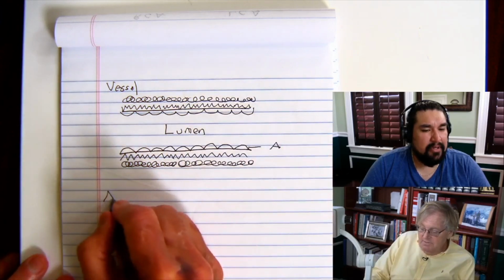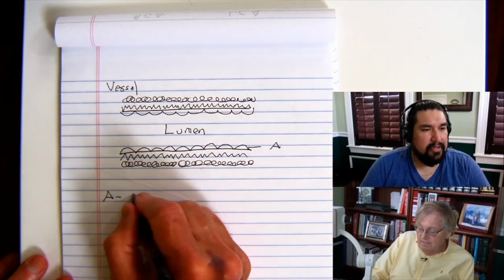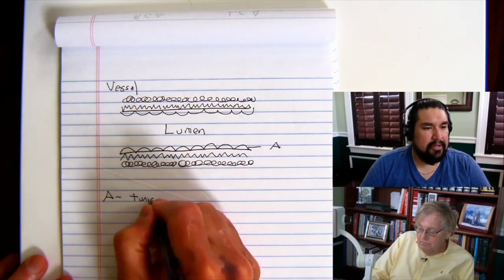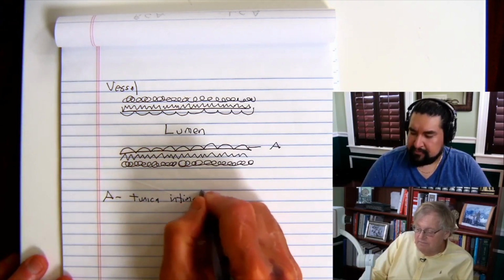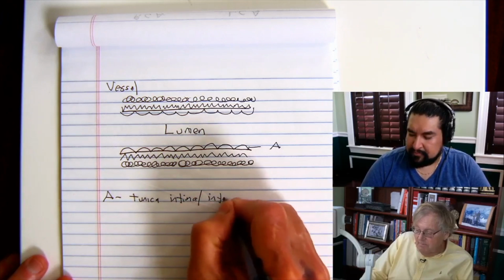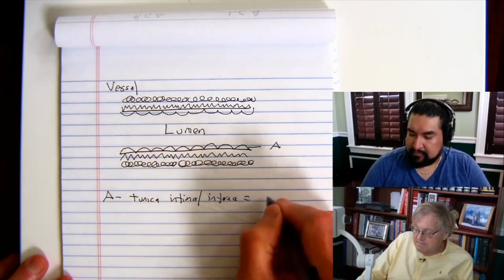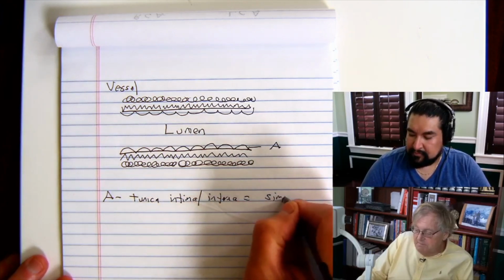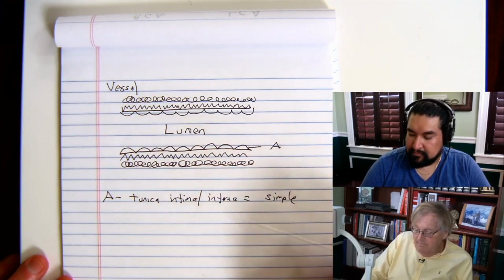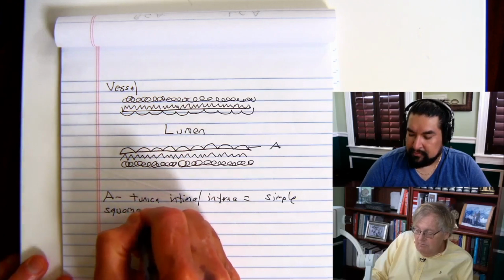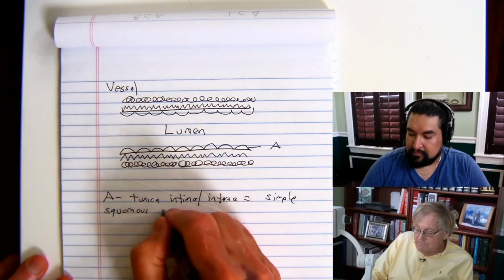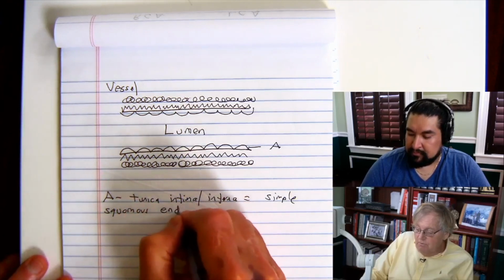A is going to be called the tunica, which means coat, and it can be intima or interna. And that's going to be a simple, remember, simple means one layer, squamous, which means flat, and it's endothelium.